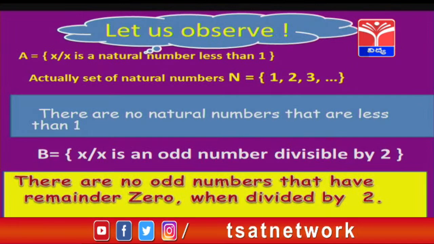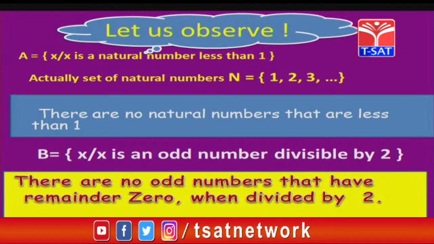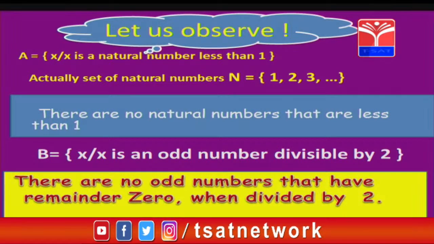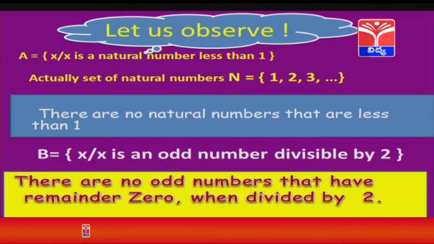Let us observe. If you take set A is equal to x such that x is a natural number less than 1, you know the set of natural numbers N is equal to 1, 2, 3 and so on. There is no such element less than 1 in natural numbers. So, there are no natural numbers that are less than 1.